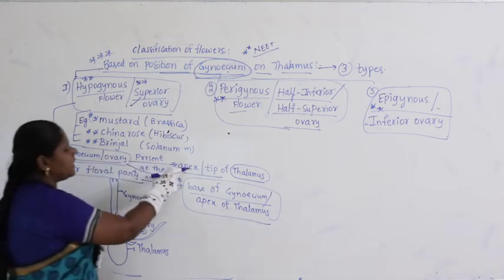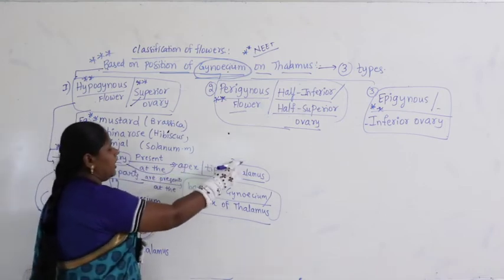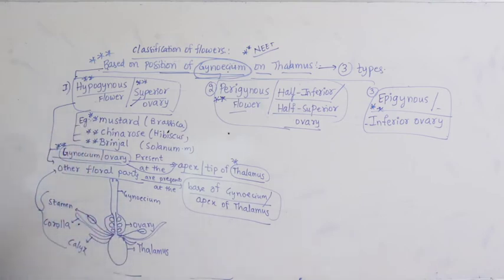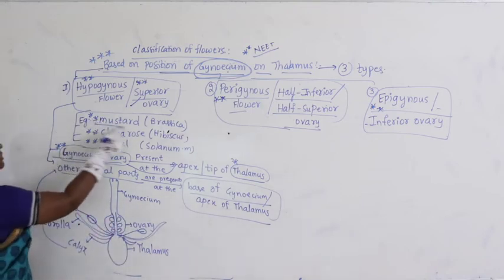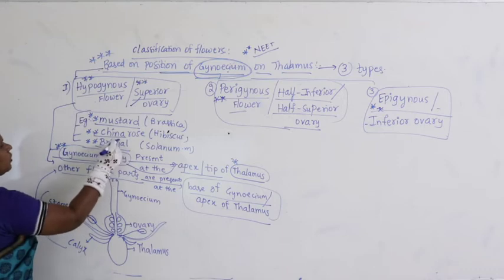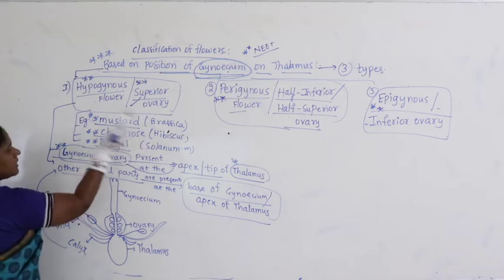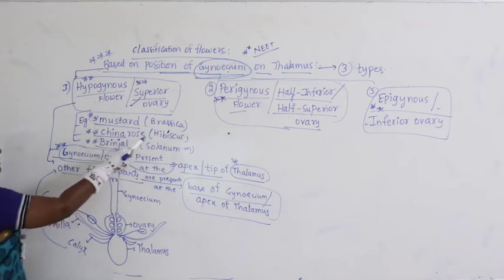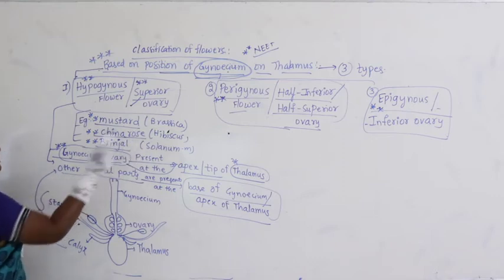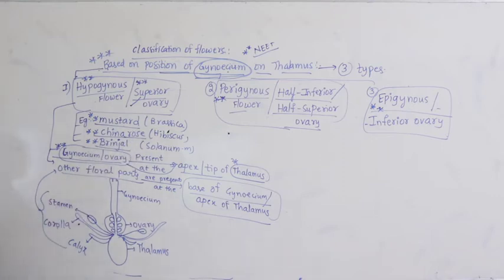Gynoecium is present at the highest position, the tip of thalamus. Examples: mustard, China rose and brinjal. Mustard is Brassica, China rose is Hibiscus, brinjal is Solanum melongena.